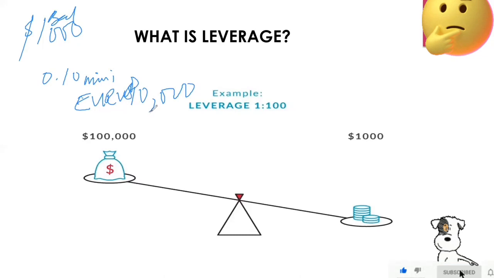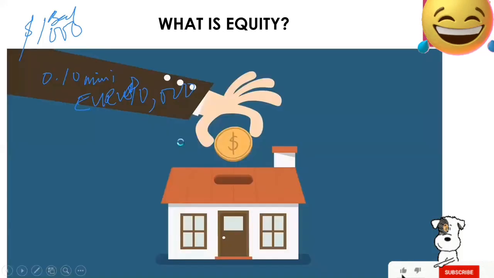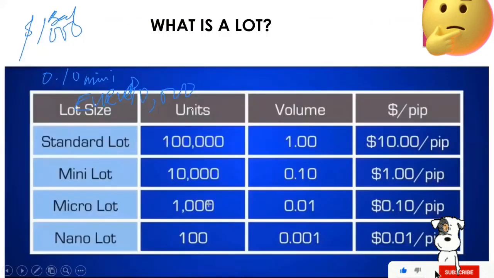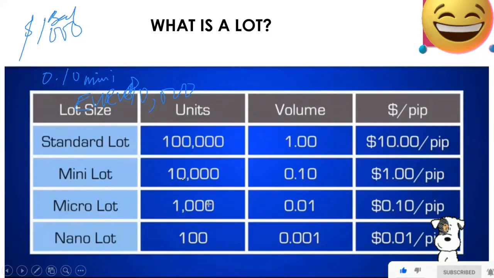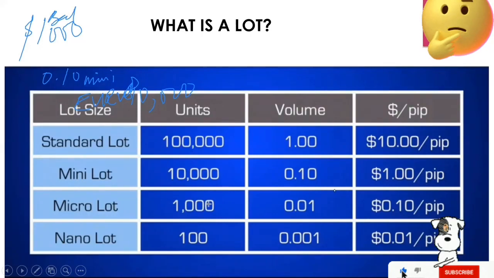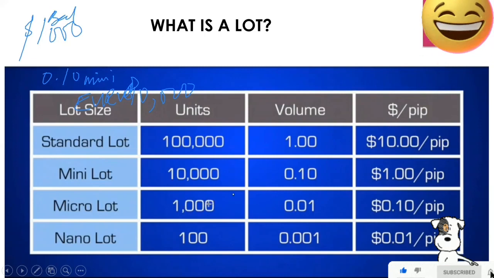Let me refer you back to the last lesson so you can remember how we came about this. Can you see this unit here? This is standard lot size. For mini lot size, you see the unit you are buying is 10,000 units. For micro lot size, 0.01, that's the volume, it is 1,000 units.